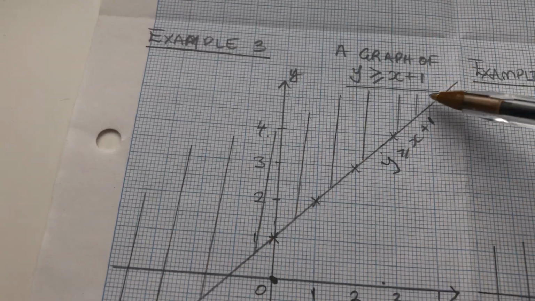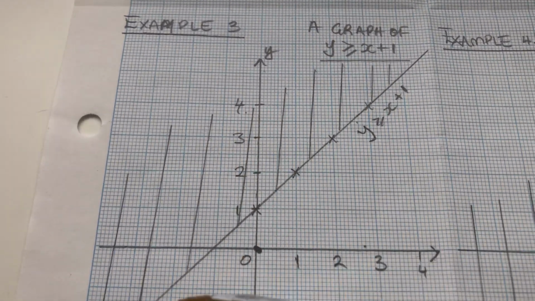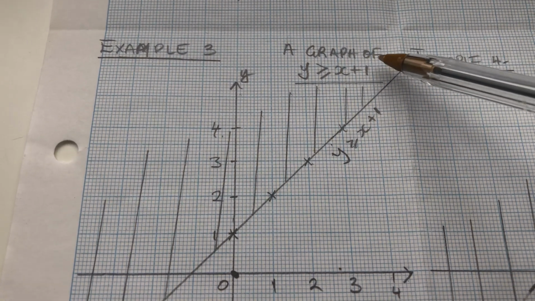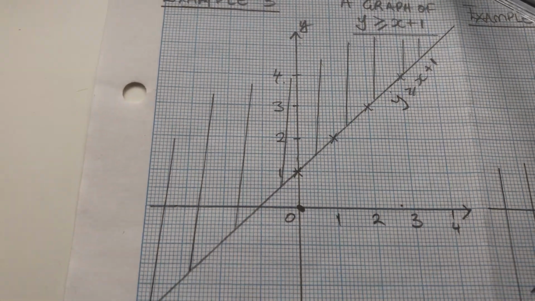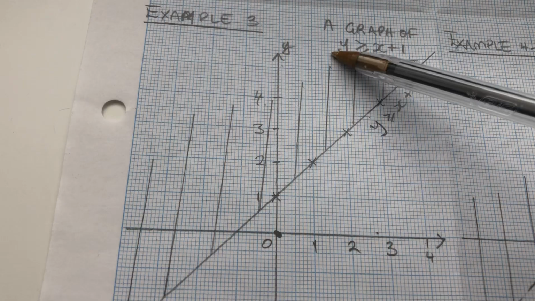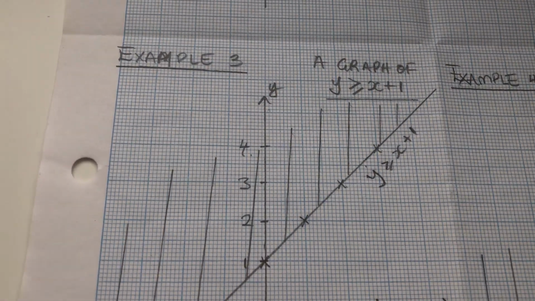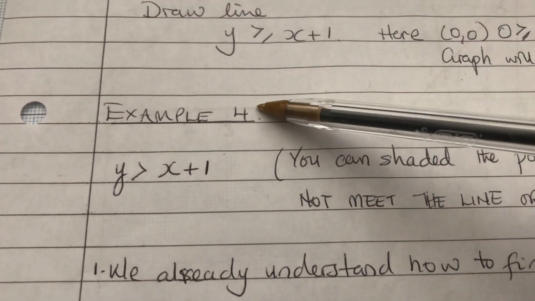So now we are going to shade the region above. It is only the region above that will satisfy this graph. That is why we shaded this region for this graph. Now, there's a fourth example here.